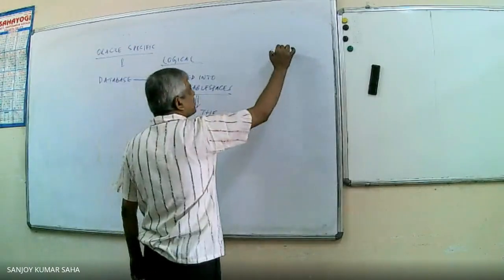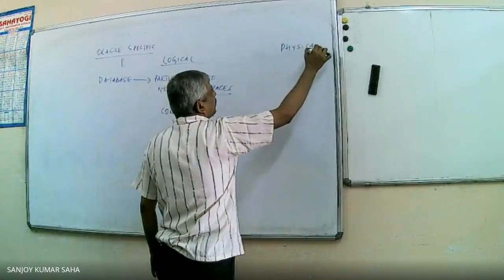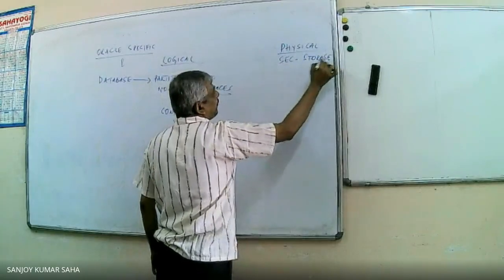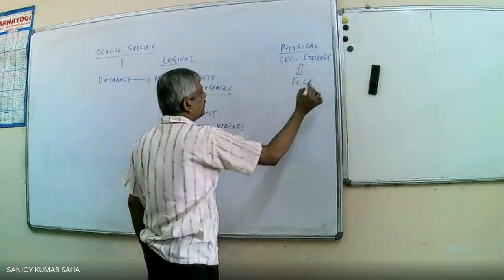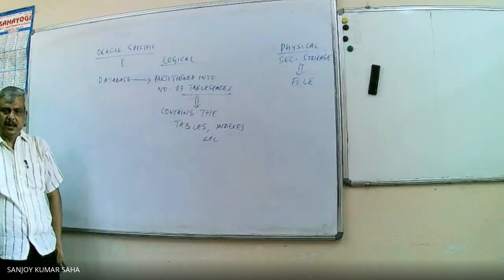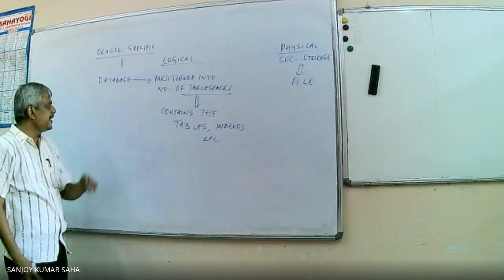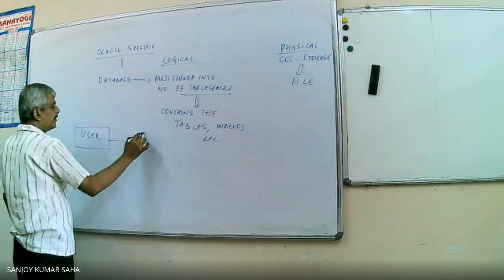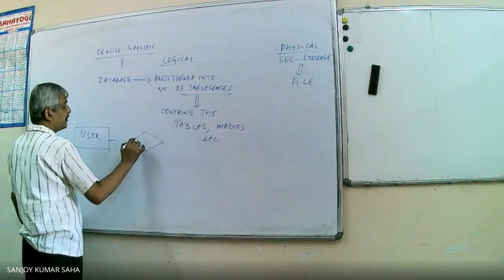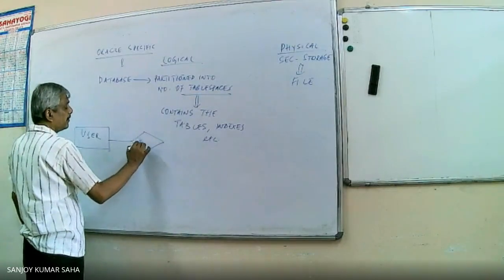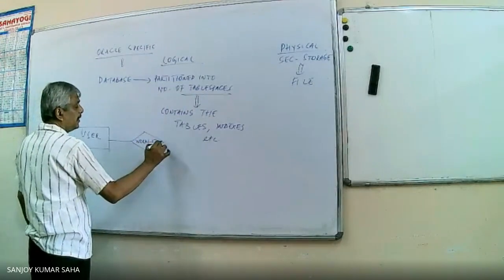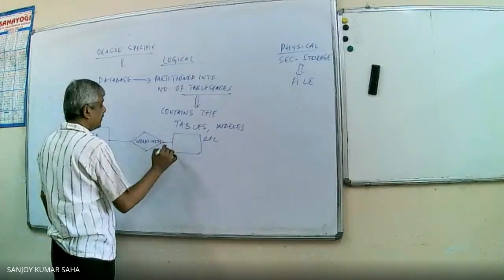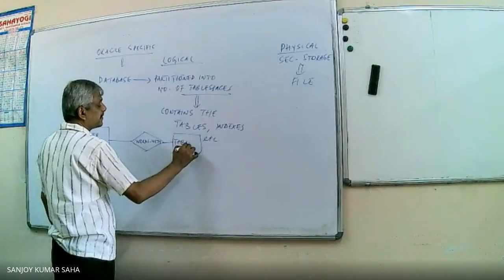And physically we know that with the secondary storage, the data structure that we can have is nothing but the file. So how to relate? Now see, a user may work with multiple table spaces.